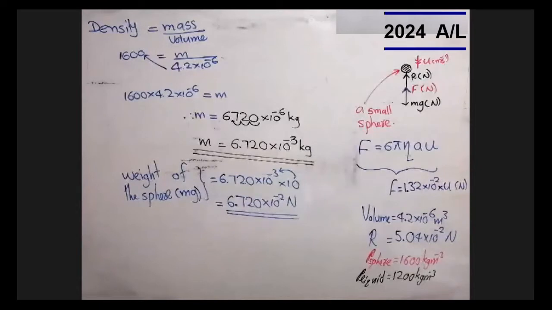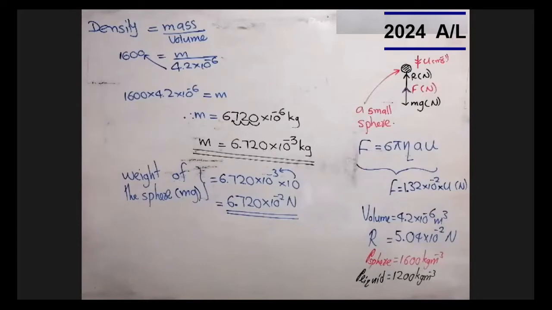As weight is larger than the other two forces, upthrust 5.04 something, viscous friction force 1.32 something, the sphere will move downward. So we can find the resultant downward force.